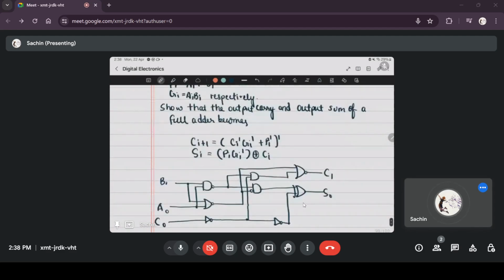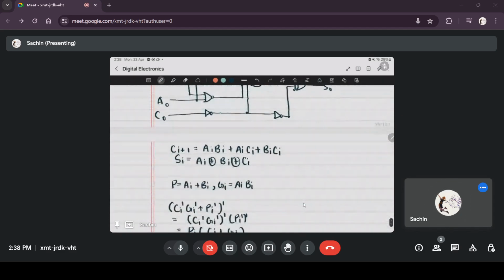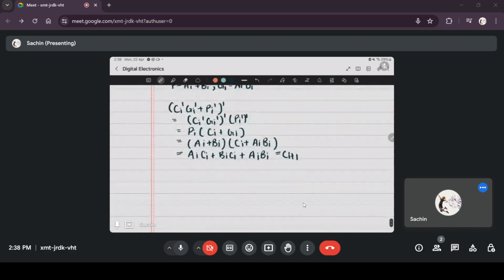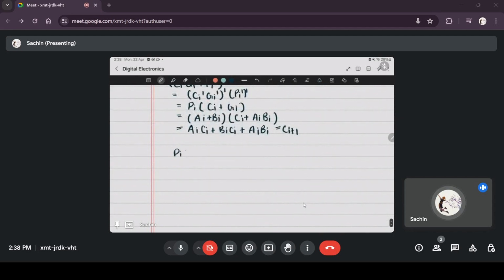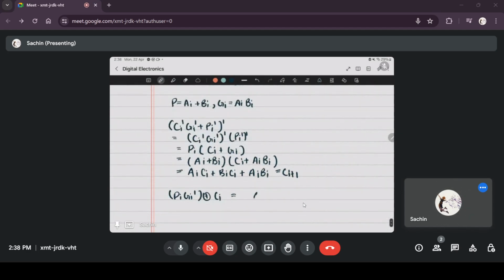Similarly, Pi Gi complement XOR Ci, let's do the XOR first.